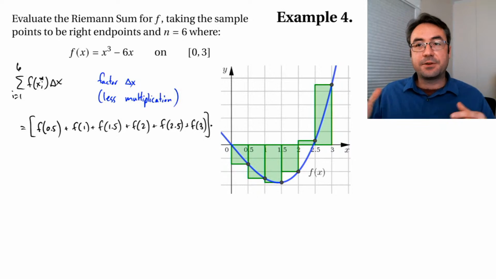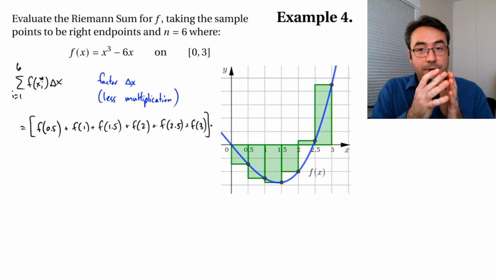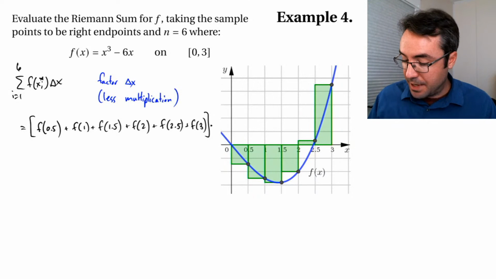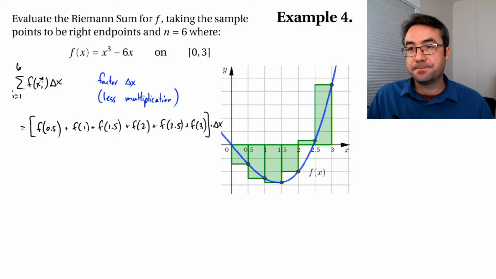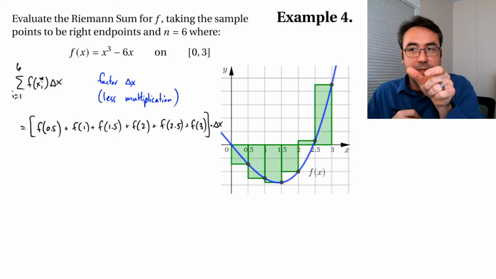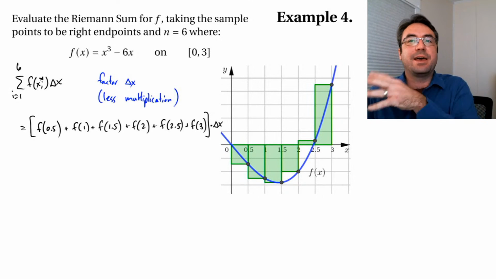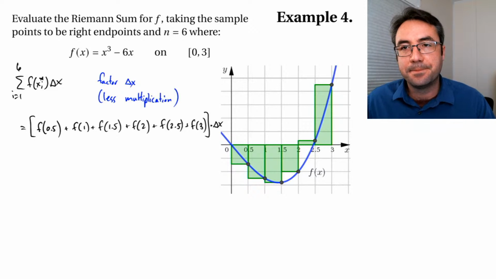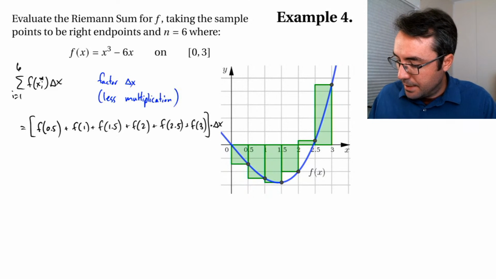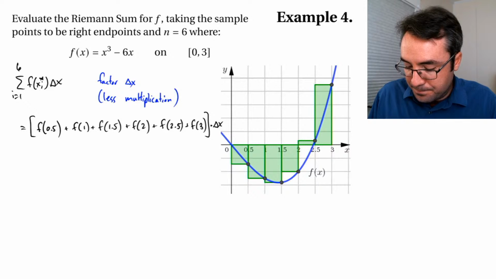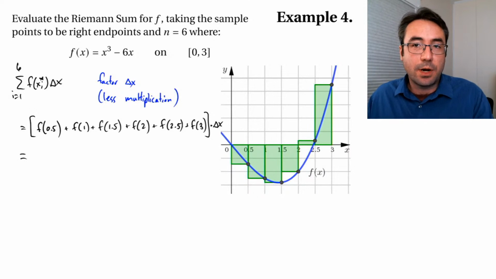And then we're going to factor off the delta x. So we're going to add up all those function values and multiply by delta x. We could just leave the delta x multiplied in perfectly fine, but it helps computationally just to factor that off, put it at the end.